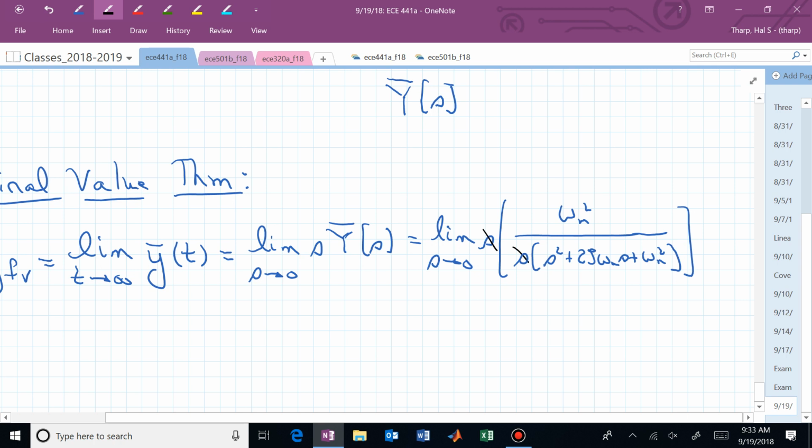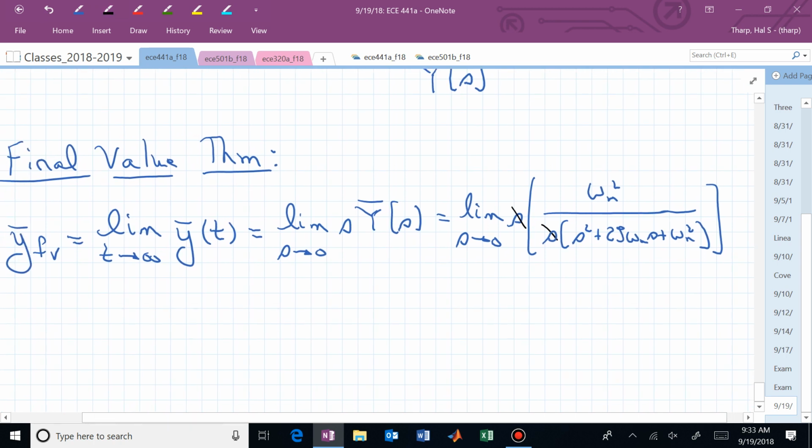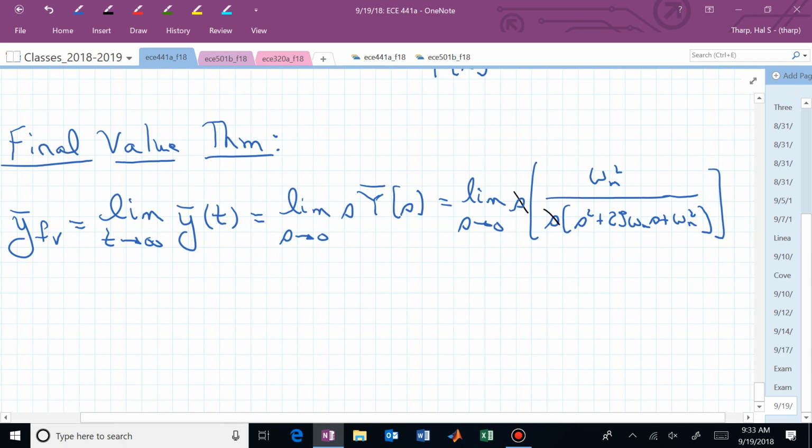That s cancels that s, and hopefully you can see what happens as we let s go to 0.